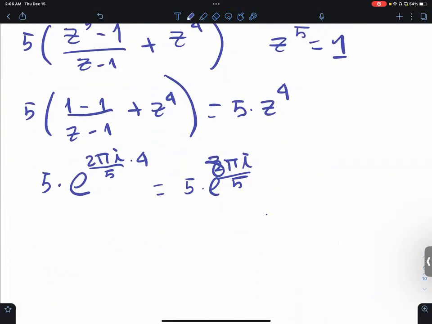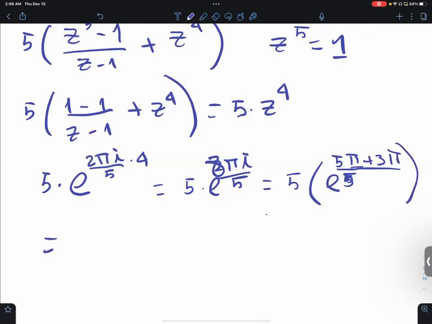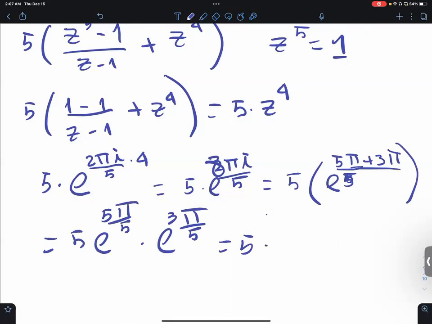This is going to be 5 times e to the 5 pi plus 3 pi, because 5 plus 3 is 8, everything divided by 5. And then this is 5 times e to the 5 pi over 5 times e to the 3 pi over 5, and this is 5 times e to the pi times e to the 3 pi over 5.